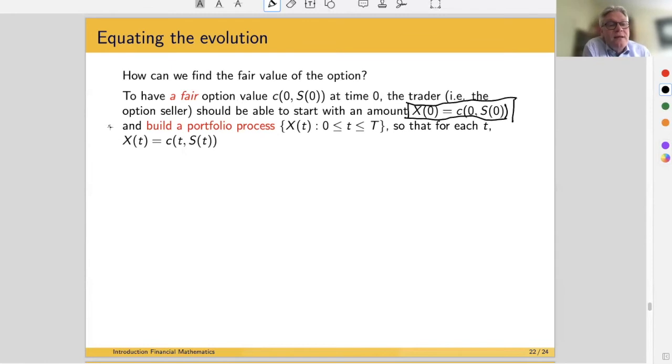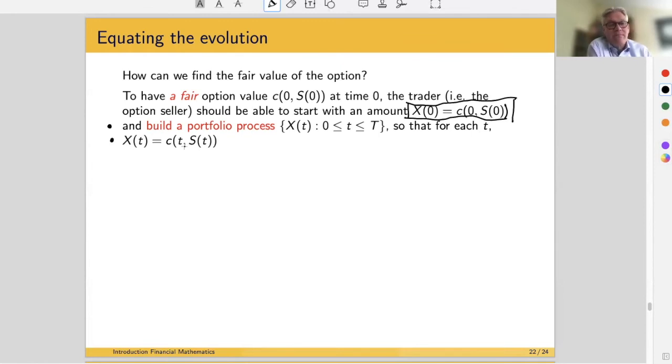And then the option seller would build a portfolio process, Xt, for the time running from 0 to capital T, so that for each time t in the future, it holds that the value of the portfolio at time t is equal to the option value at time t.